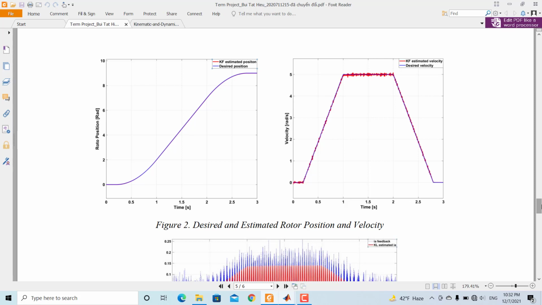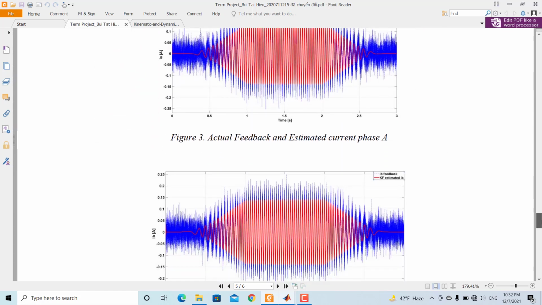You can see the result is good. The real position and the Kalman filter estimated position are similar, and the right picture shows the real velocity and the Kalman filter estimated velocity. It also fits.